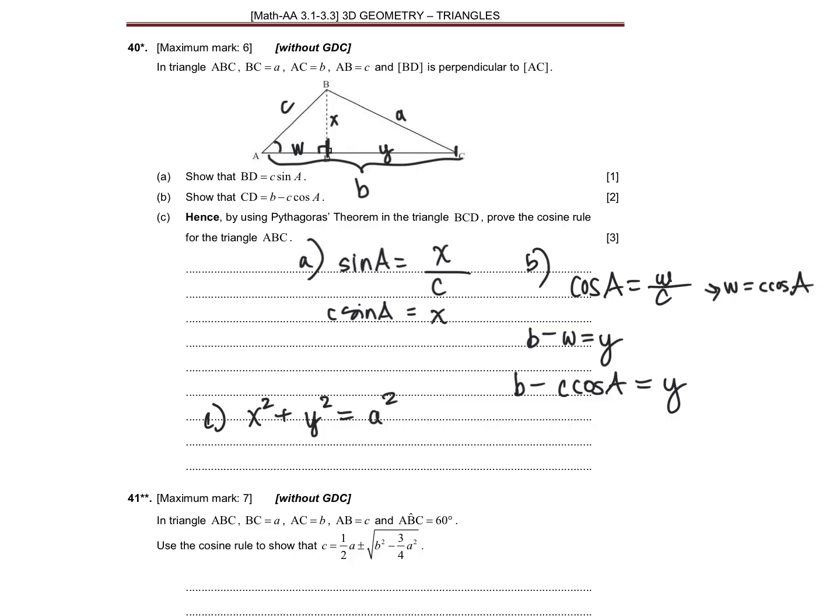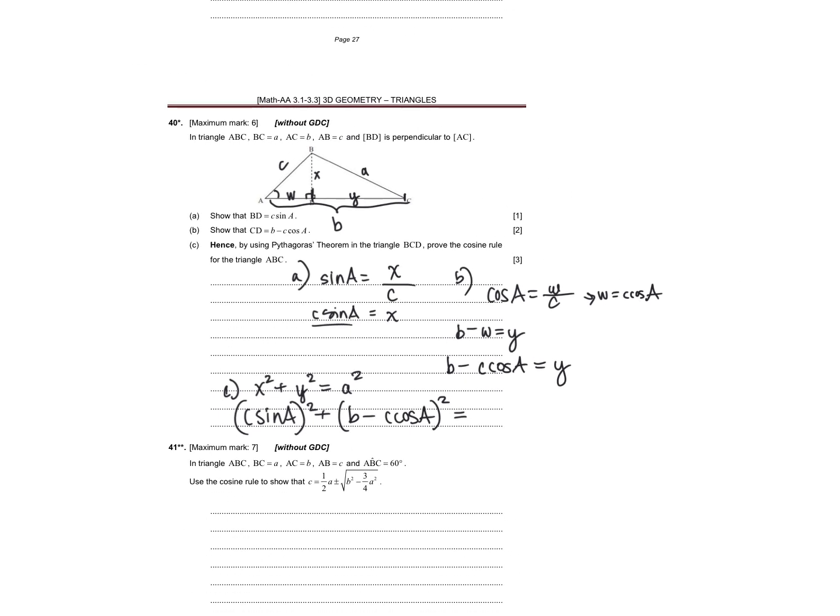So we've got x is c sine A, all of that squared, plus y, which is b minus c cosine A, squared, equals a squared. We'll deal with that in a second. So this is c squared sine squared A plus b squared minus 2bc cosine A plus c squared cosine squared A.